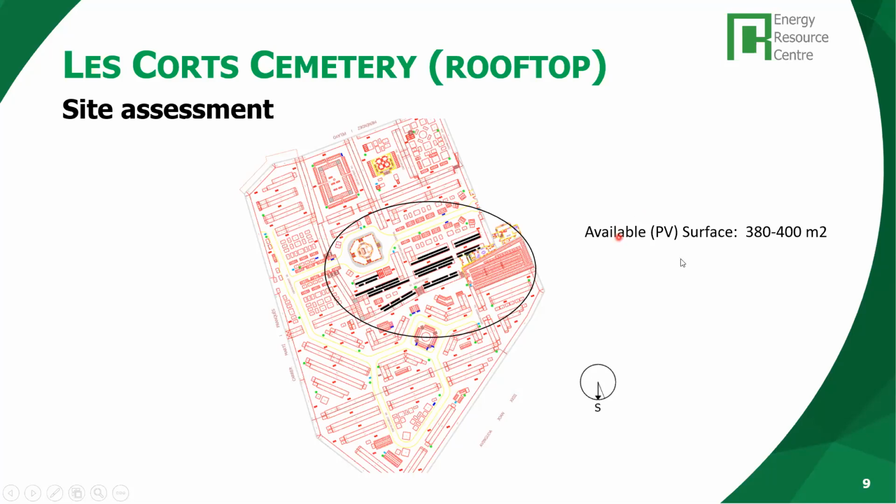So one of the first things that was checked was the availability of the surface, and it was something between 380 and 400 square meters, okay, of space for PV modules. So that's the conditions of an existing building.